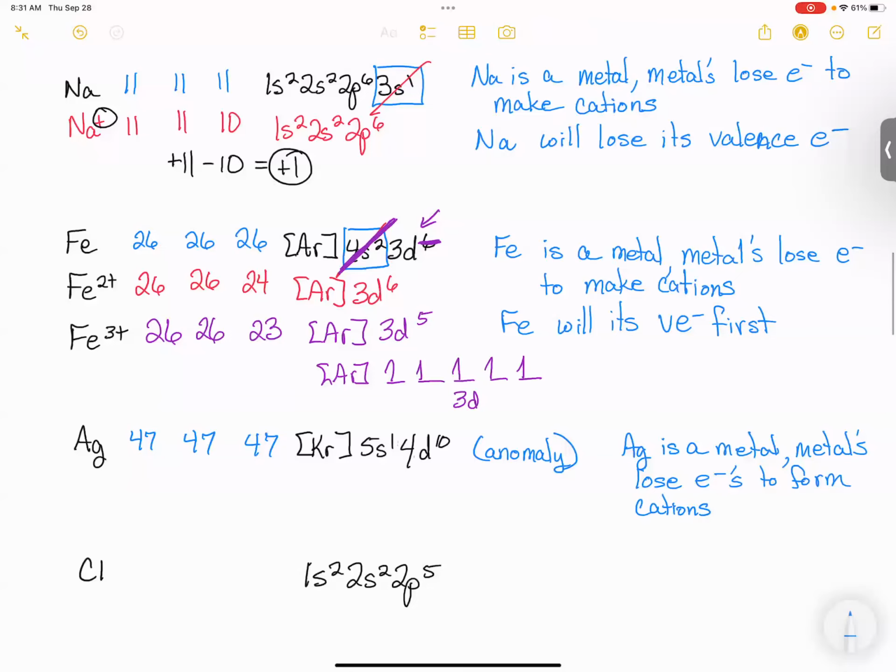To form cations, silver will lose its valence electron first.